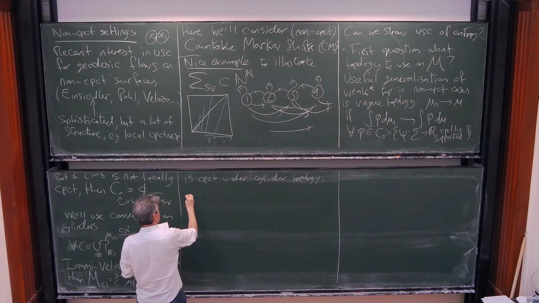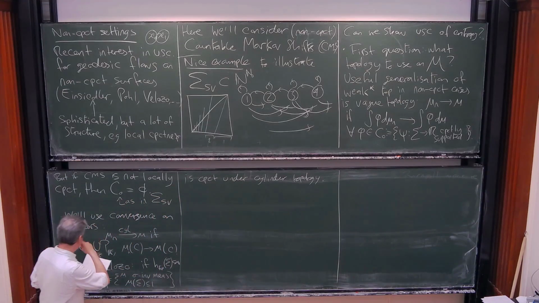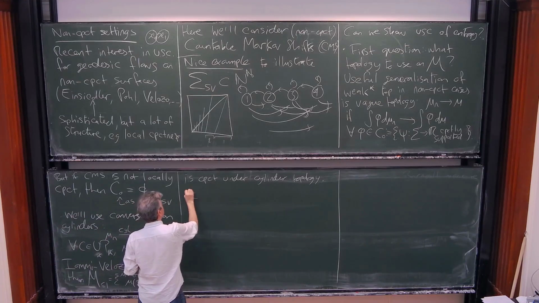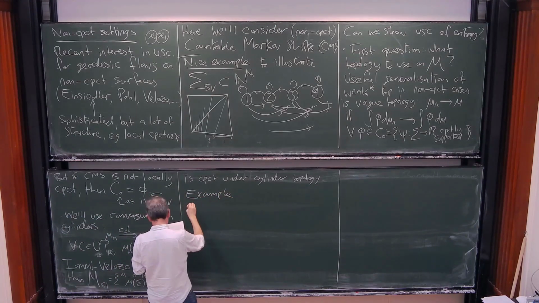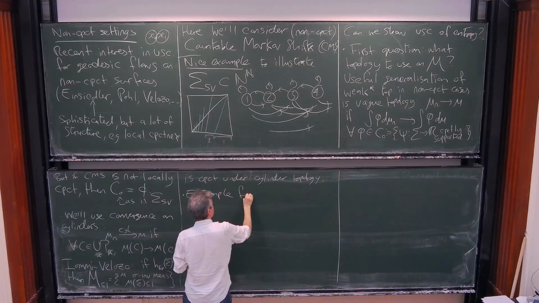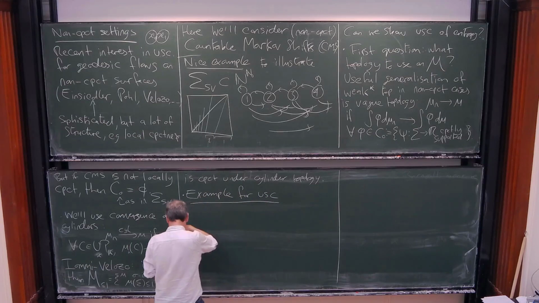Okay, so I'm interested in upper semi-continuity of entropy. This is my topology. Let me show you what can go wrong. Example for upper semi-continuity or otherwise.